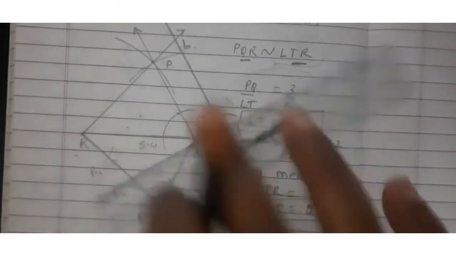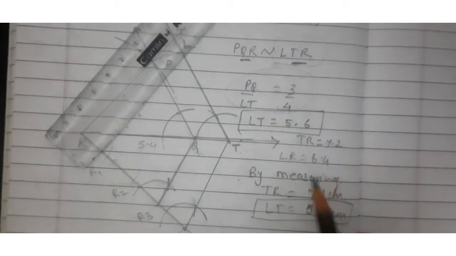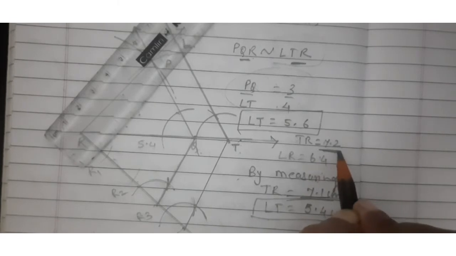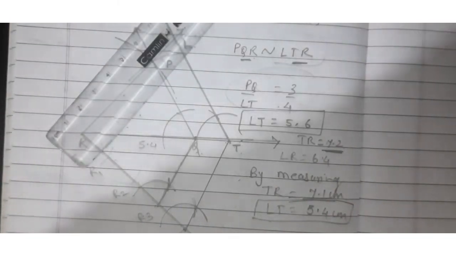Now check, here it is 5.6, here it is coming as 5.4. Means the two measures are coming nearby, right? Here it was 7.1 and the calculated is 7.2, means our construction is correct. Is it clear? Now we move on to the next construction.